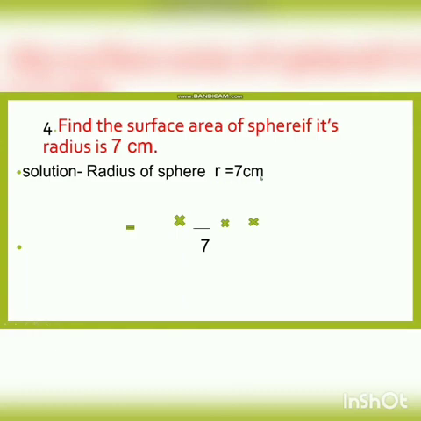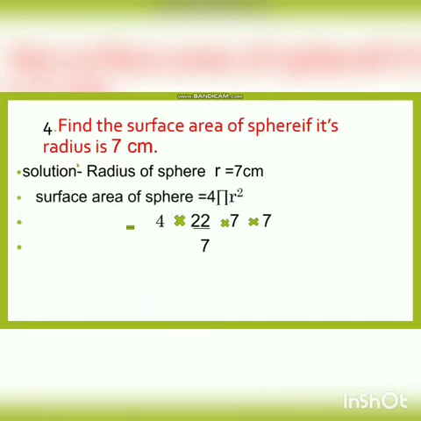Now write the formula of the surface area of sphere. Surface area of sphere is equal to 4 into pi into r square, means 4 pi r square. Now put the value of radius r, which is 7 centimeter.